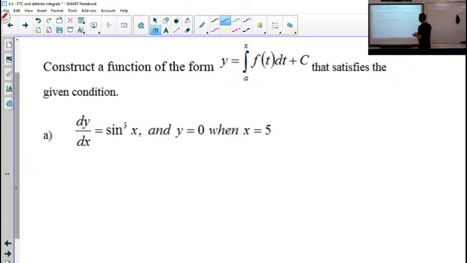Construct a function of the form of the integral that satisfies a given condition. So in other words, this is the derivative, what's the original?